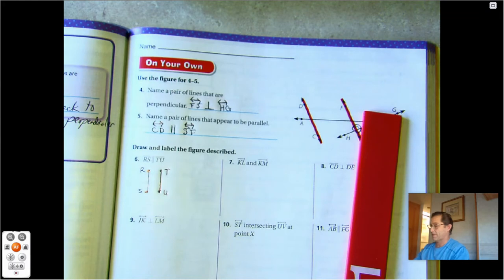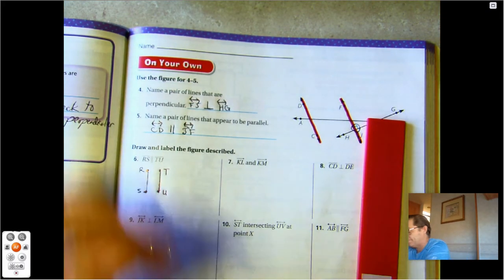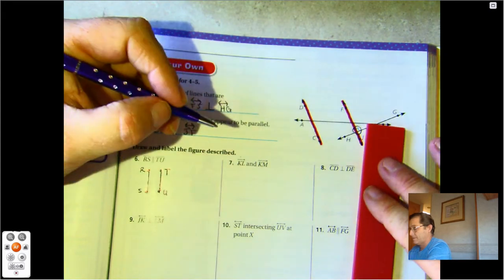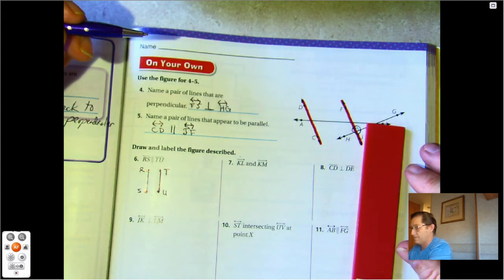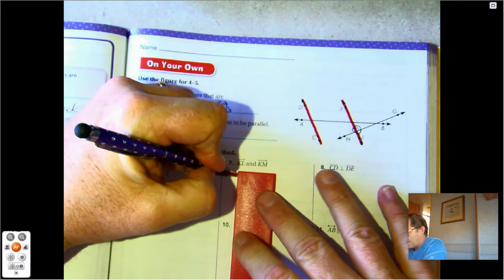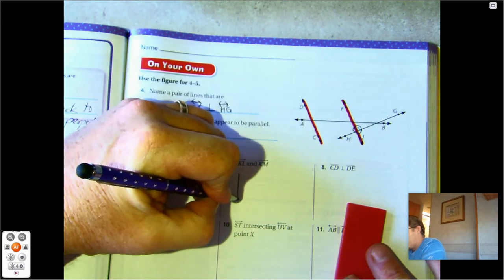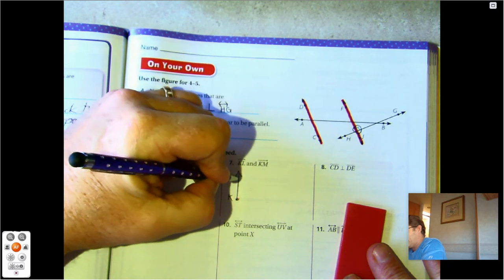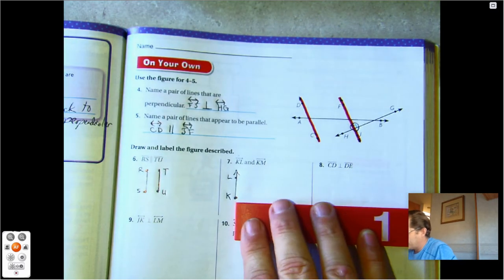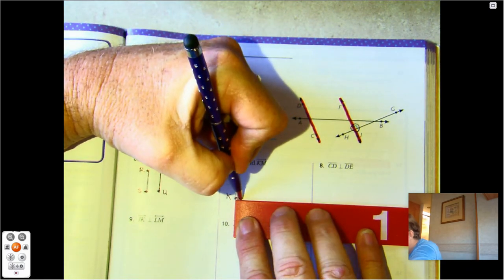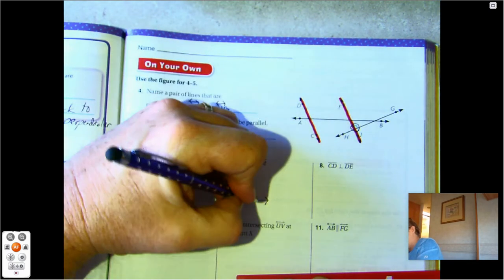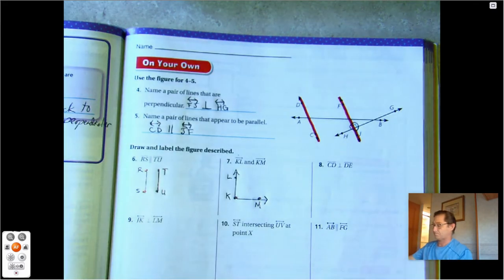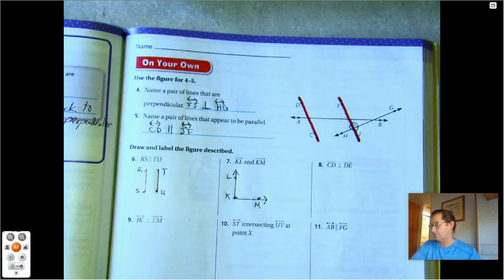All right. 7. Ray KL, ray KM. Okay, so that would form a right angle.